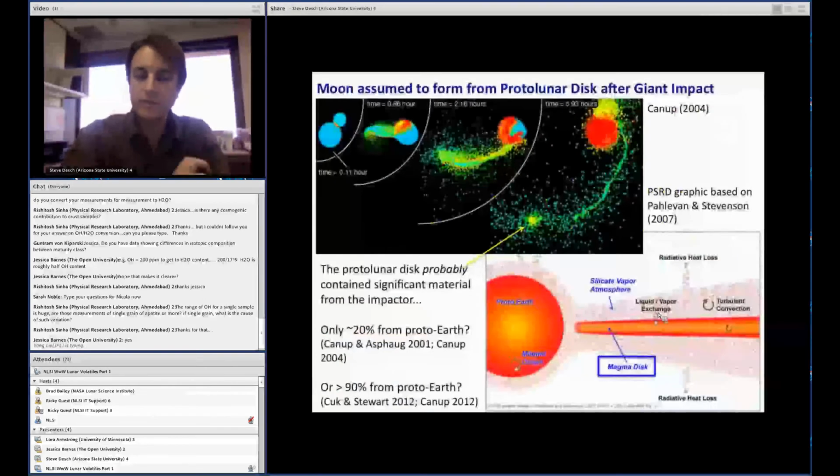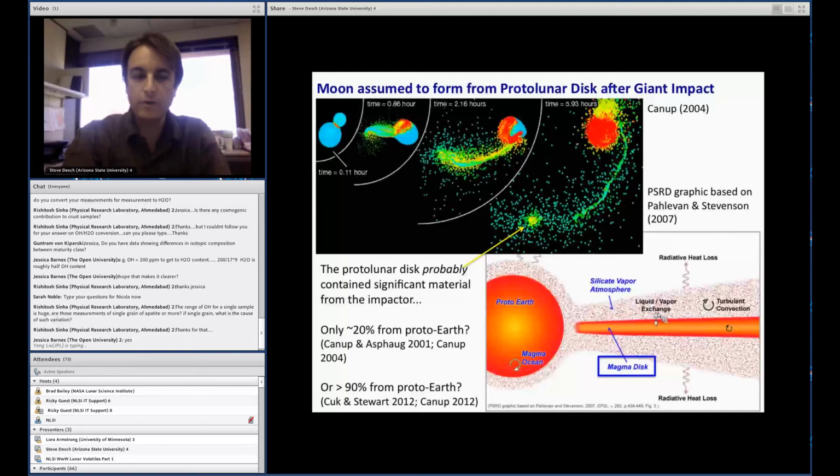But anyway, you have this structure. And we want to understand the loss and mixing through this structure, because right now there's almost a crisis in the giant impact model. Most dynamical studies show that you should only derive something like maybe 20% or a little more of the structure of this disk from the proto-Earth, with most of the mass coming from the impactor.